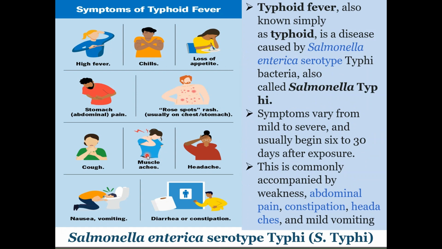They cause high fever, chills, loss of appetite, stomach or abdominal pain, rose spots, muscle ache, headache, cough, severe nausea and vomiting, and continuous diarrhea or constipation. The severity increases with the nature of the bacteria and its species.